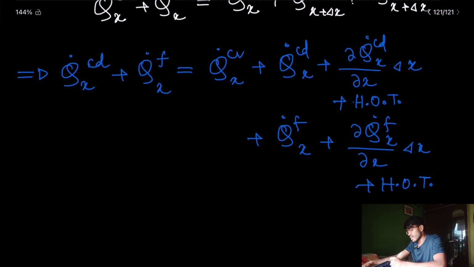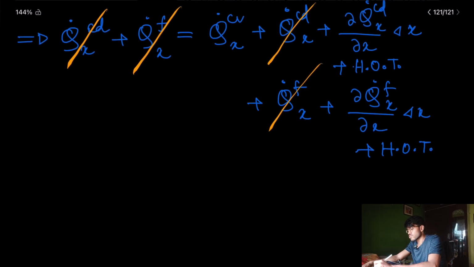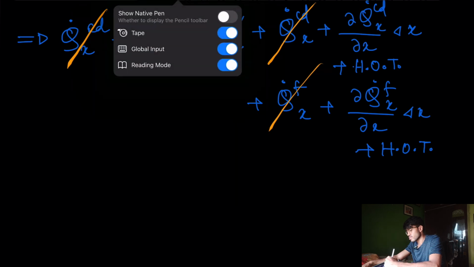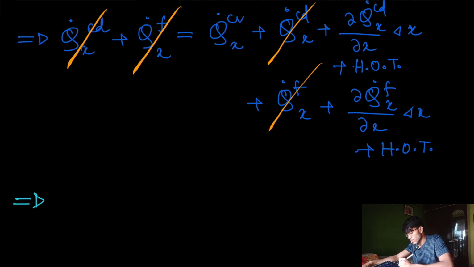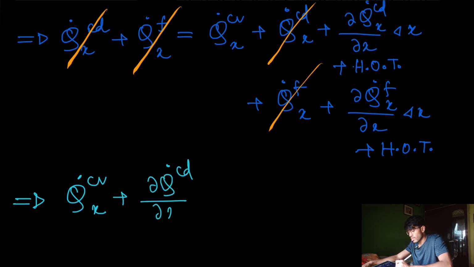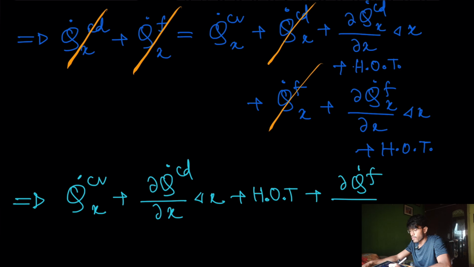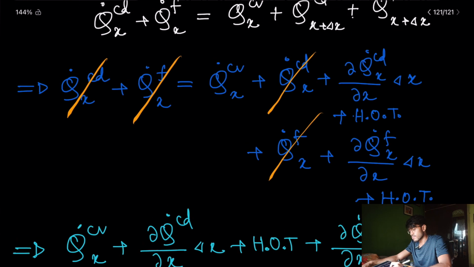So now I can clearly cancel out these terms, right? So what I am getting is Q dot conduction at x plus del q conduction term, plus higher order terms, plus del QF term, plus higher order terms, is equal to 0, right?